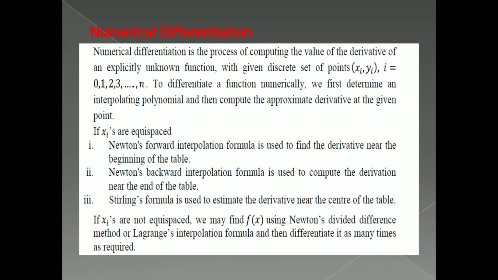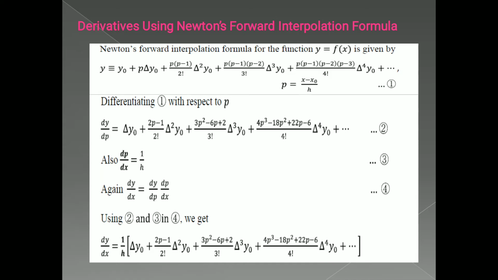Now in this session we are going to discuss Newton's forward interpolation formula, the derivative by using Newton's forward interpolation formula, the derivative of a function by using Newton's backward interpolation formula, and when the values of x are not equispaced, how to find the derivative of the given function by using Lagrange's interpolation formula.